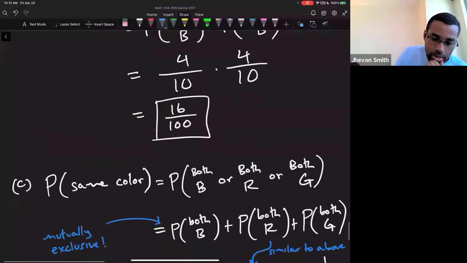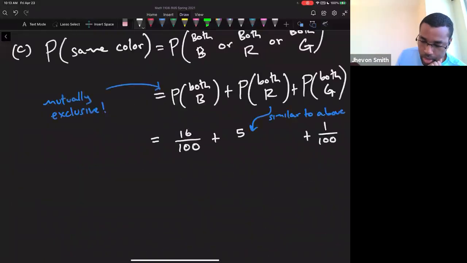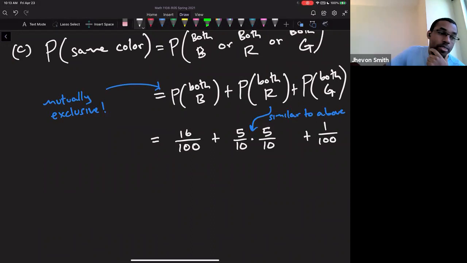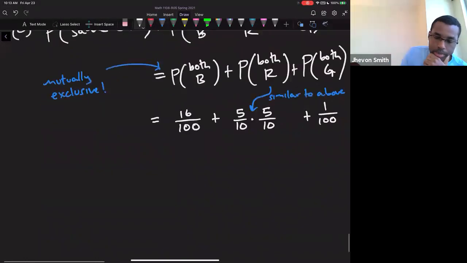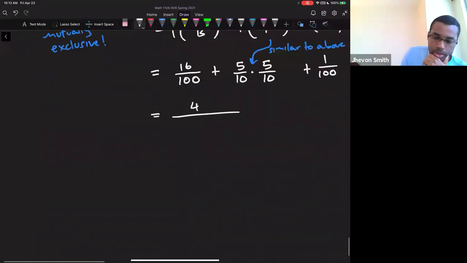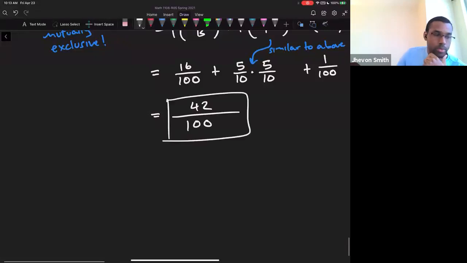So you could have gotten 5 choices out of 10 in the first situation, and then get that again in the second situation. There's actually a 25% chance that you would have gotten both red. This ends up being, I think, 42. So there's a 42% chance you would actually get the same color.